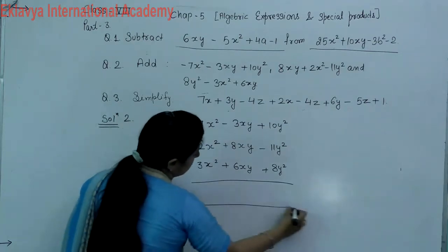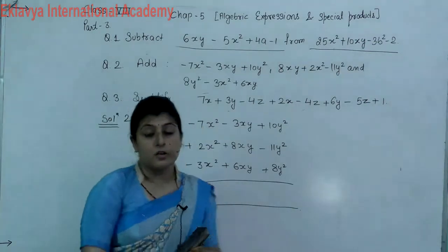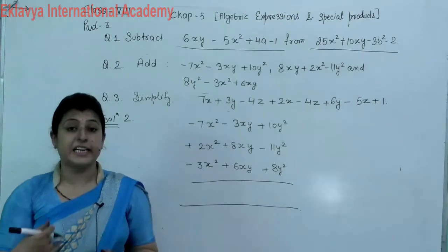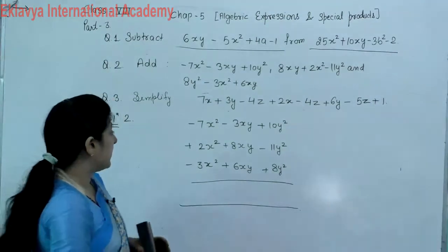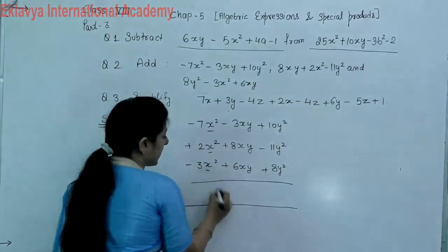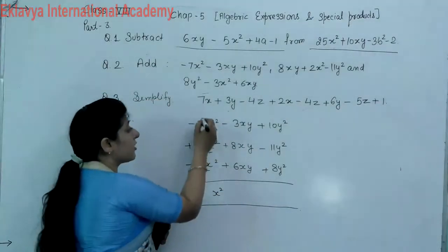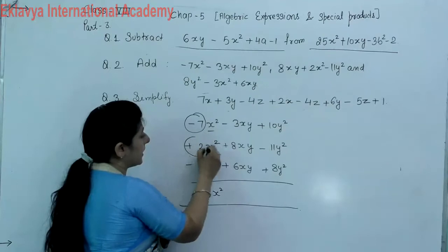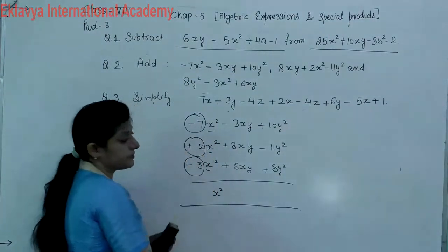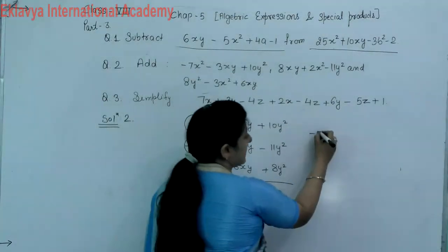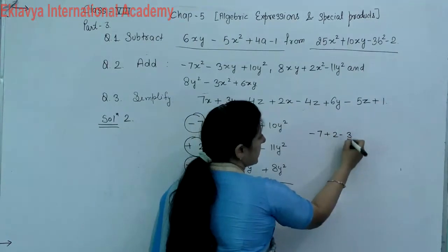In addition there is no change in the sign, we add directly. See here, both are x square, so obviously the term will be x square. The numerical coefficients: minus 7 plus 2 minus 3.